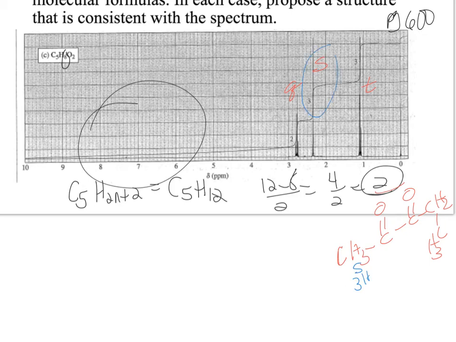This would be a quadruplet for 2 protons. This is a triplet for 3 protons. And we have 5 carbons, 8 hydrogens, and 2 oxygens. And these are 2 units of unsaturation.